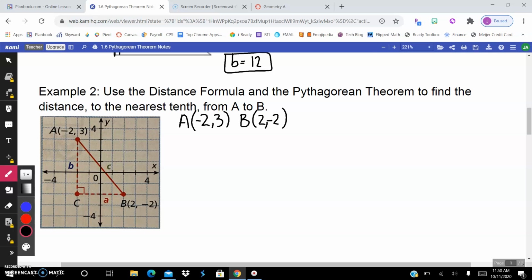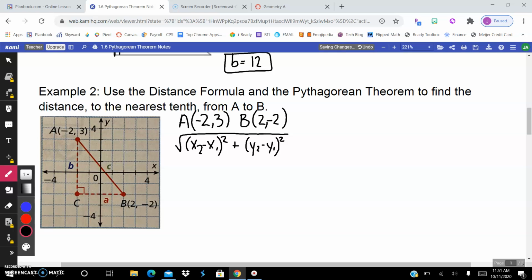The distance formula is the square root of x2 minus x1 squared plus y2 minus y1 squared.